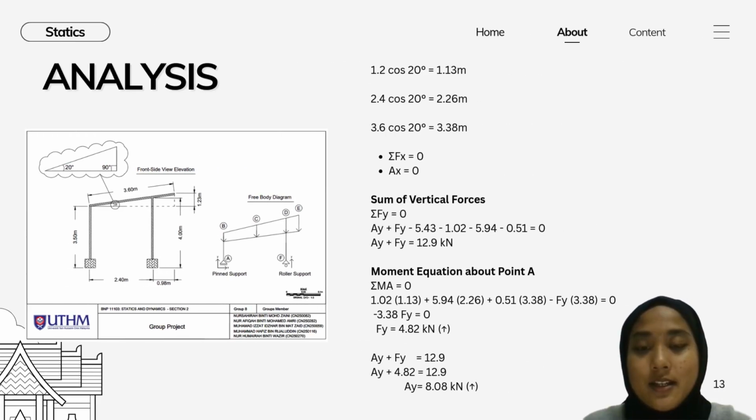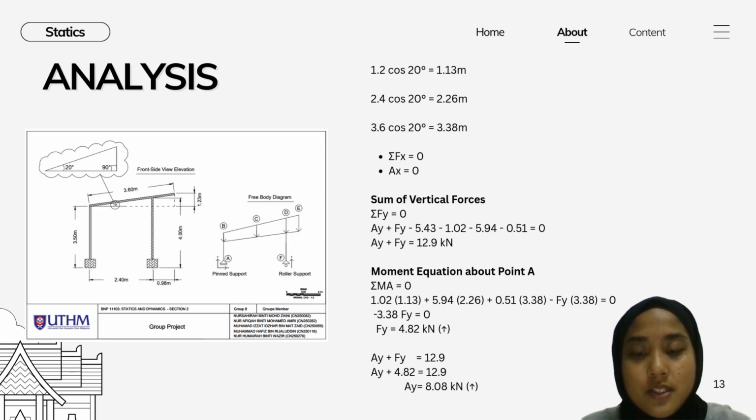The inclined lengths are calculated using cosine 20 degrees, giving values of 1.13 meters, 2.26 meters, and 3.38 meters. Since there is no horizontal load, the sum of horizontal forces is 0. Next, the sum of vertical forces is applied to find the support reactions. By taking moments about point A, the reaction force at support Y is calculated at 4.82 kN.